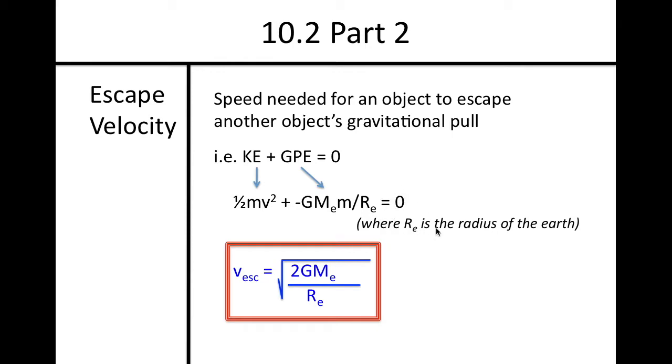And that is set to 0. We can then solve for v, which would help us to determine the escape speed. And so that is v sub esc, equaling the square root of 2GM, the mass of the Earth, divided by the radius of the Earth.